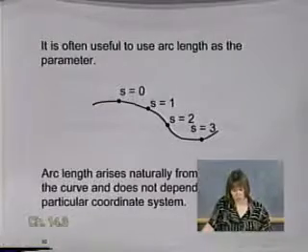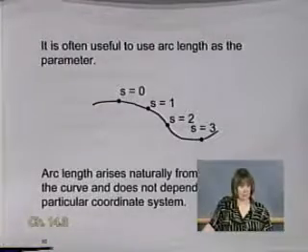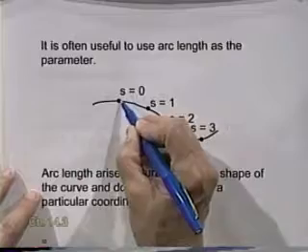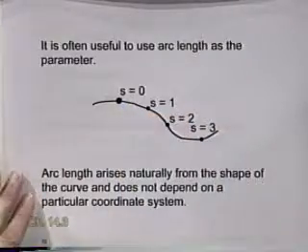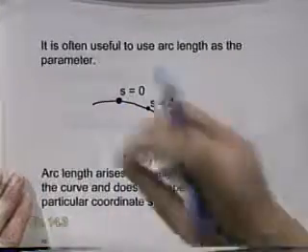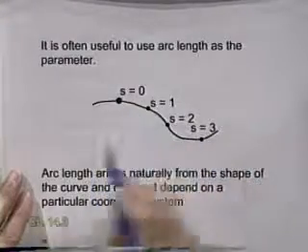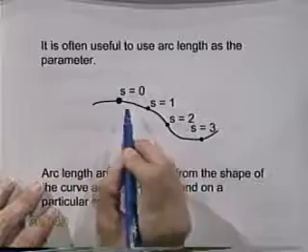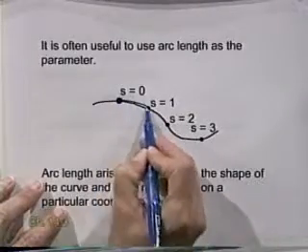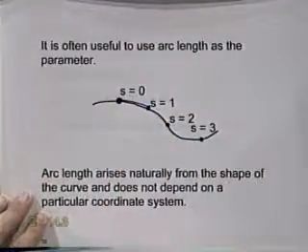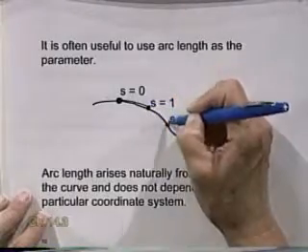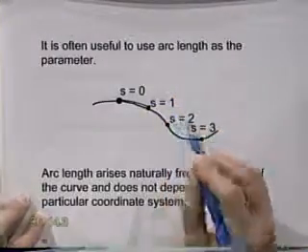It's often useful to use arc length as a parameter. I could fix a point right here, and say at that point my arc length is 0. And then I actually could take a tape measure. Let's go an arc length of 1 unit, and let that point correspond to s equals 1. And let's move along the curve another unit, let that point correspond to s equals 2.